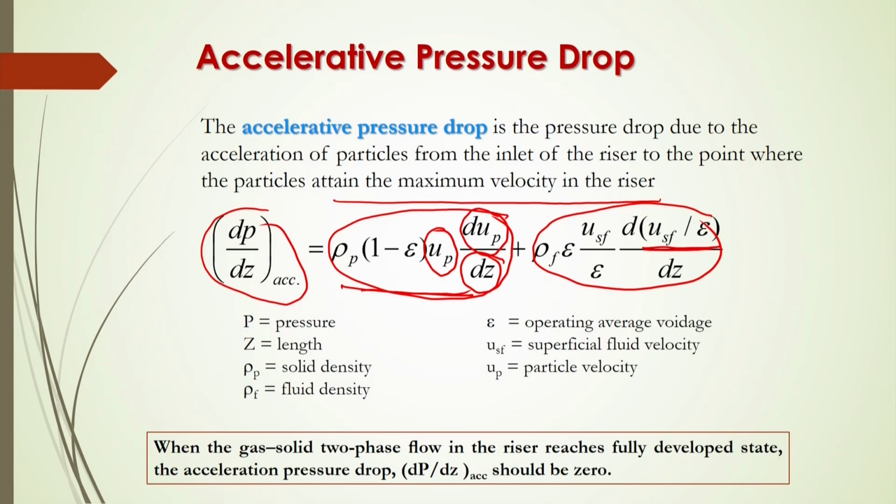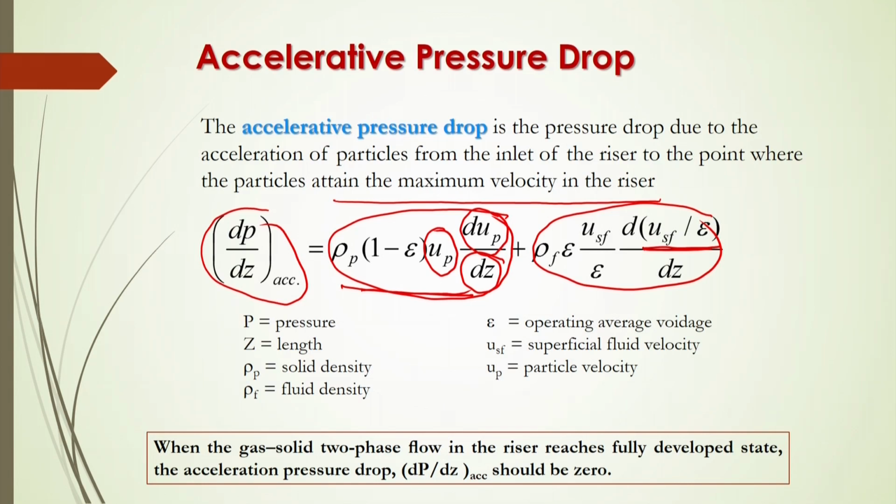Now, it is important to note that when the solid-gas two-phase flow in the fluidized bed reaches a fully developed state, the velocity change will be constant everywhere. In that case the accelerative pressure drop should be 0, that is, dp by dz of acceleration will be 0.